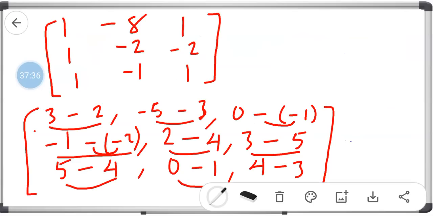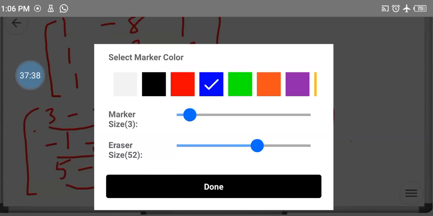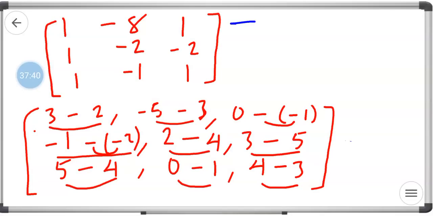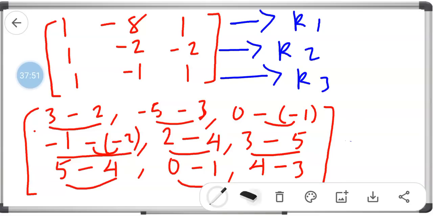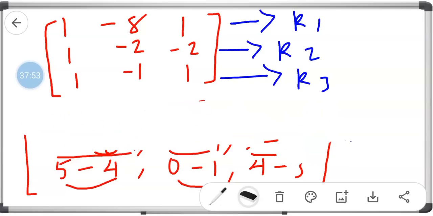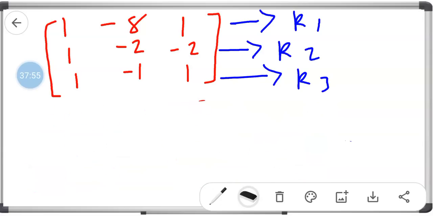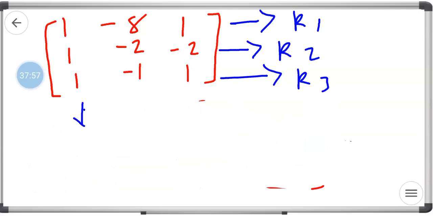Because if you look at this place now, you see that here we have row 1, here we have row 2, and here we have row 3. And also for the other side, here we have column 1, here column 2, and here column 3.